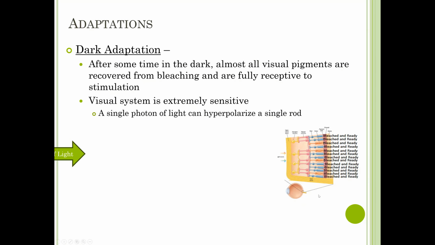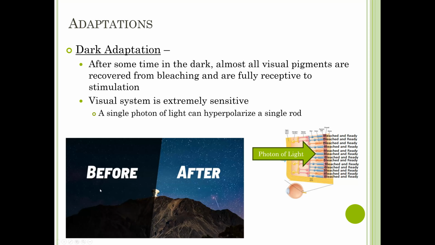So just a single photon of light can come in, and almost anywhere it hits, it's going to find a photoreceptor that is ready to be stimulated. So like I said, when you first walk into a dark room, things might not be as clear, but after you've been in the dark for a while, you reach this dark adapted state, and then the smallest amount of light is visible.